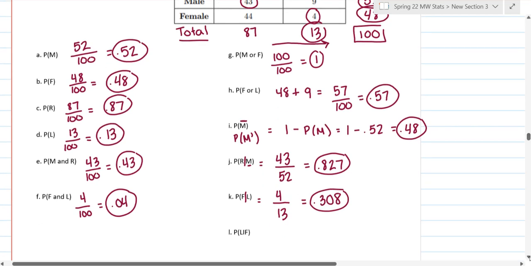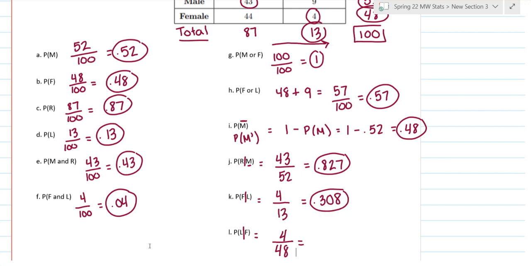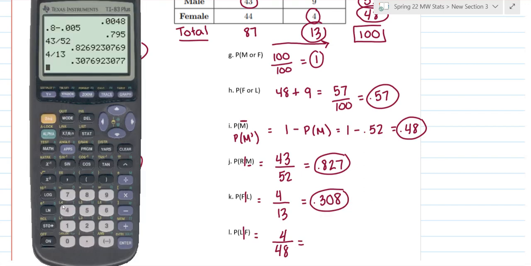And then probability left-handed given female, that would be denominator of female, 48. And out of the females, only 4 were left-handed. So 4 out of 48, so 0.083.